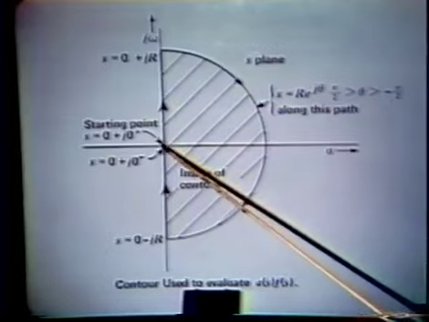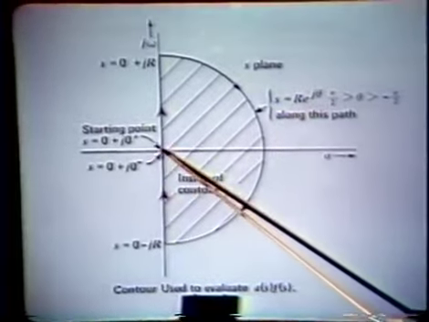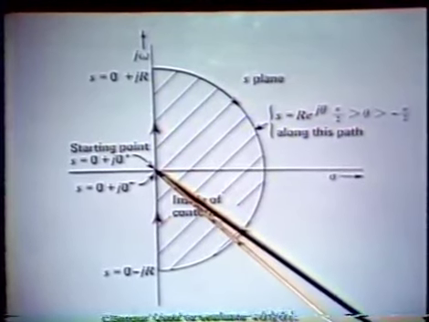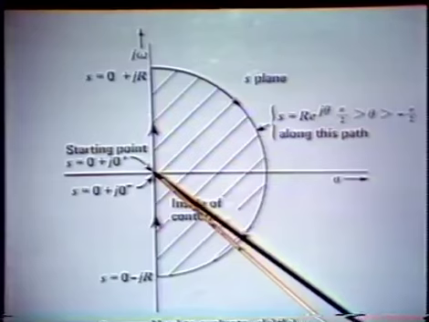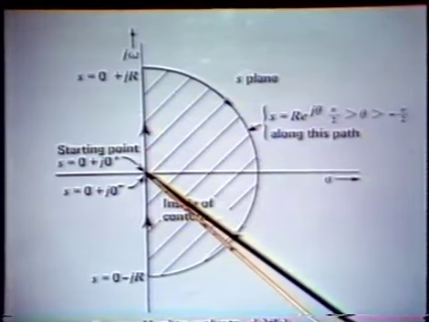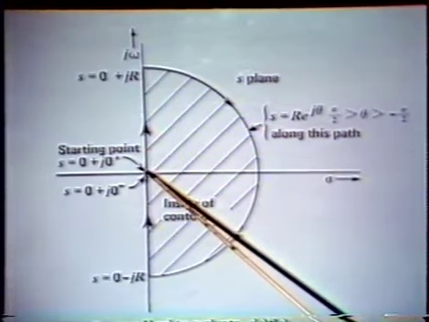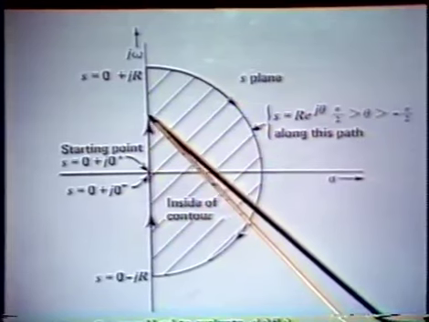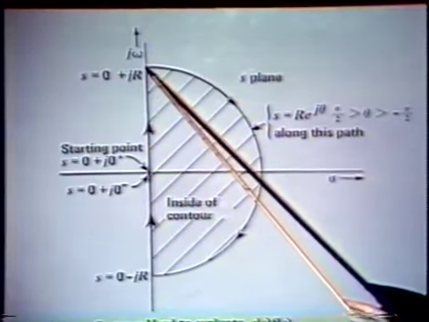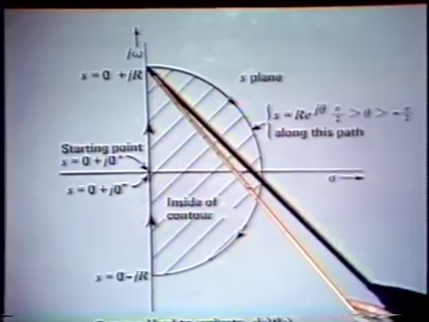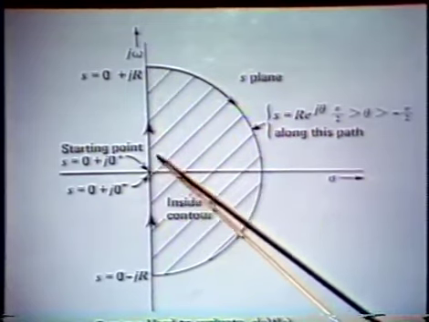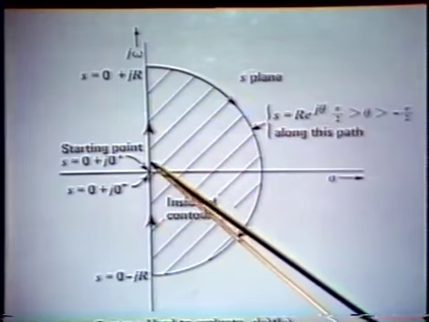Usually we start at S equals 0 plus just a small amount of j, in other words, at this point in the S plane, and evaluate the AF product at s equals 0 plus j0 plus, if you will. And then we continue evaluating the AF product as s takes on increasing values along this line, an imaginary component, but no real component.